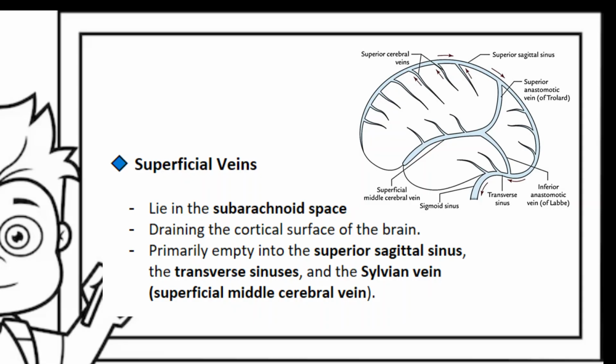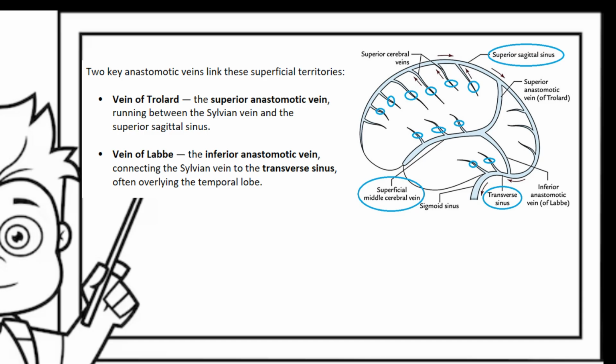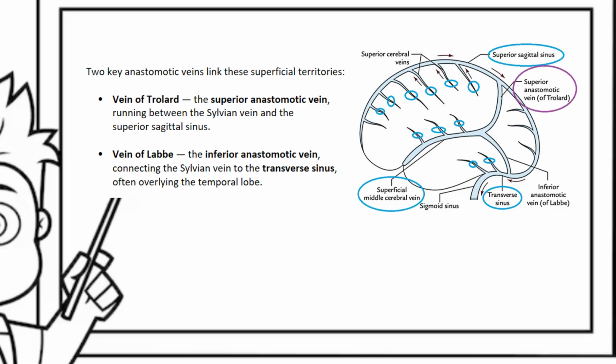Let's start with the superficial veins. These veins lie in the subarachnoid space and they drain the cortical surface of the brain. They primarily empty into the superior sagittal sinus, the transverse sinuses, or the sylvian vein, also known as the superficial middle cerebral vein. Now, two key anastomotic veins link these superficial territories, and they are the vein of Trolard and the vein of Labbe.